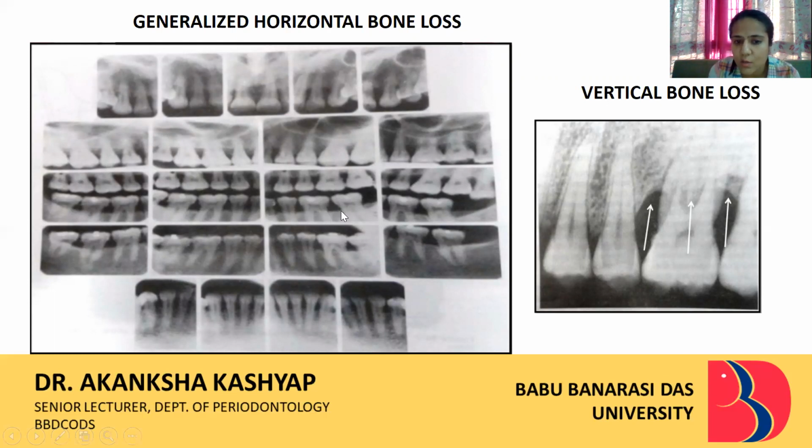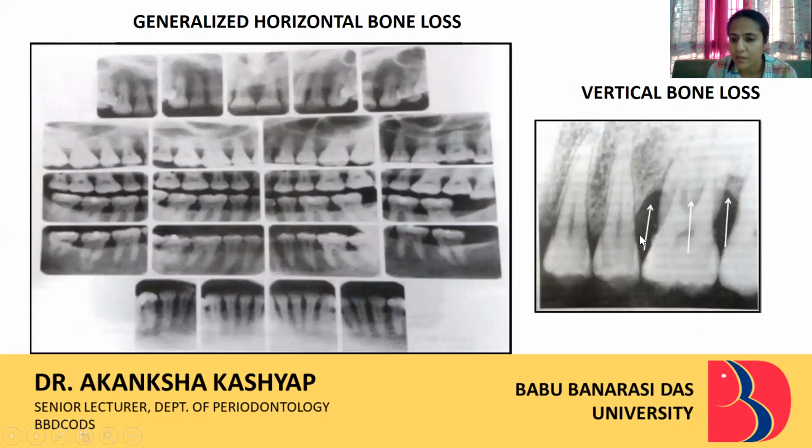I told you the crest is the topmost part of the bone. So the crest of the interdental bone is perpendicular to the long axis of the tooth. This is horizontal bone loss.